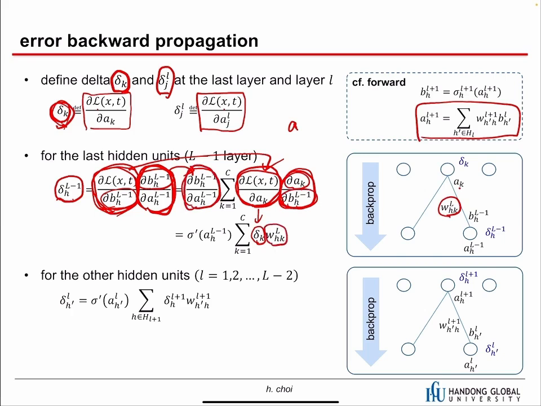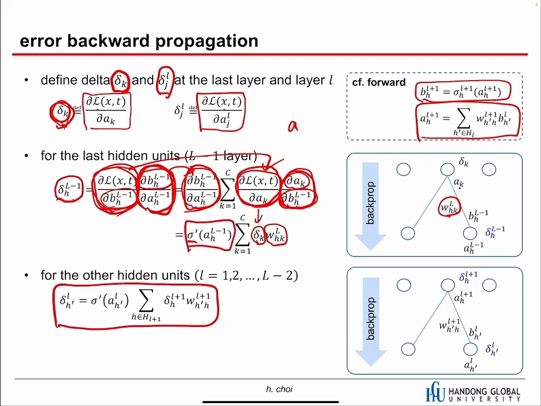Then look at this term, the partial derivative of b sub h with respect to a sub h. b sub h is actually a function of a sub h, so taking the derivative is simply the derivative of this nonlinear function. For the other hidden units, it looks the same. We have a derivative of this nonlinear function and the delta and the weight. So the important thing is that this delta h is a multiplication of this term and this summation.